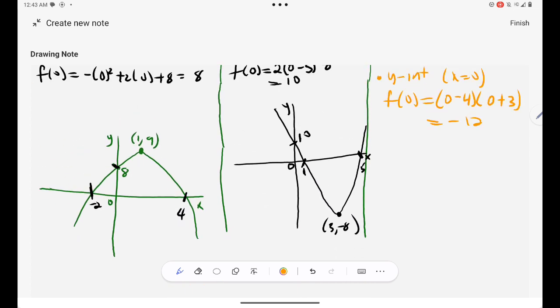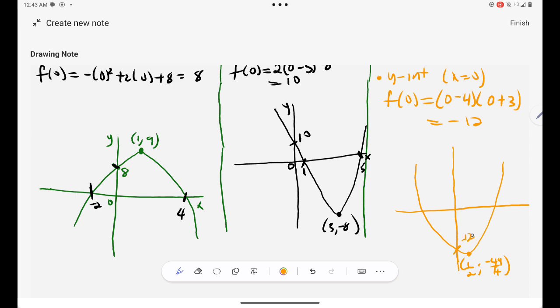So whenever I draw my graph it should look like this. My y-intercept, my turning point is somewhere there, 1 over 2 and negative 49 over 4. It should cut like this.